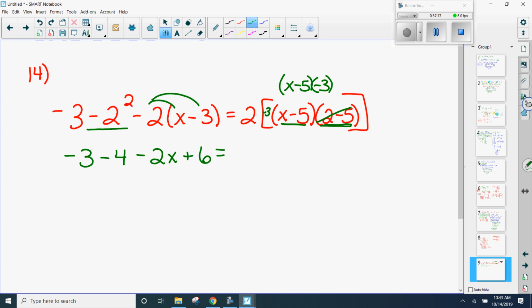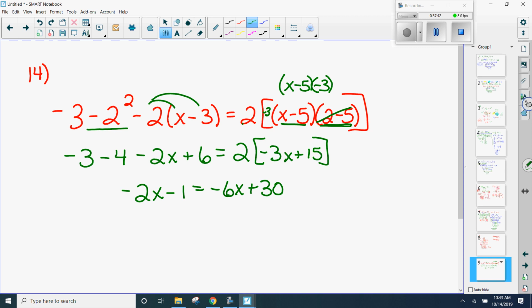Now you can multiply, well, okay, we'll do it this way. 2, and inside the brackets you get -3x plus 15. If you wanted to, you could take the 2 times -3 and then take -6 through. But we'll just leave it this way. Group like terms together, you get -2x minus 1 is equal to -6x plus 30.